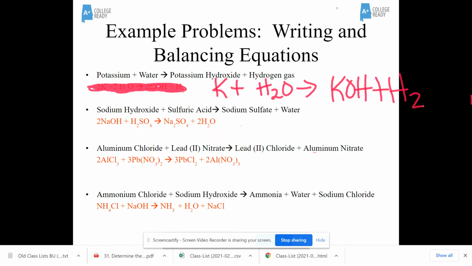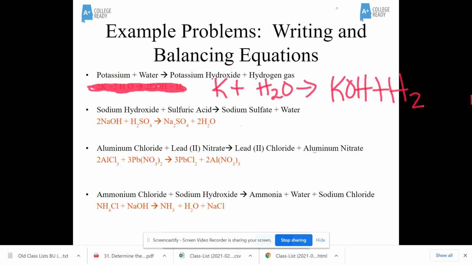But it's not balanced, we have to check and see if it's balanced. So we look at every element. Look at the K's. Do I have the same number of K's on the left and the right? Yes. Do I have the same number of H's on the left and the right?